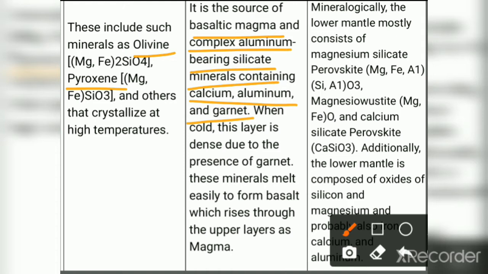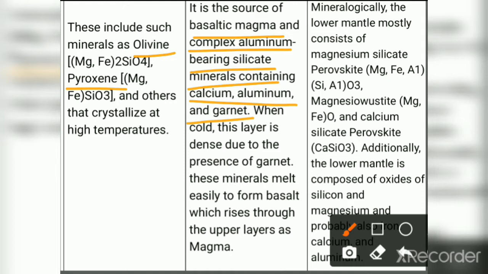When cold, this layer is dense due to the presence of garnet. These minerals melt easily to form basalts which rise through the upper layer of the mantle. So it's the primary source of basaltic magma and it contains complex aluminium-bearing silicate minerals.